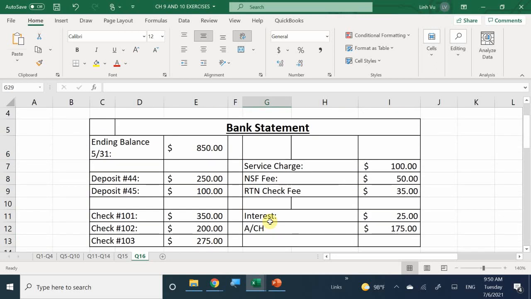Now, of course, ACH and interest could be done in two ways, right? If you have accounts receivable that you have finance charges for, you're collecting interest off of that, and if they make a payment to you, you're collecting interest. ACH is when you charge any convenience charges for electronic funds transfers.